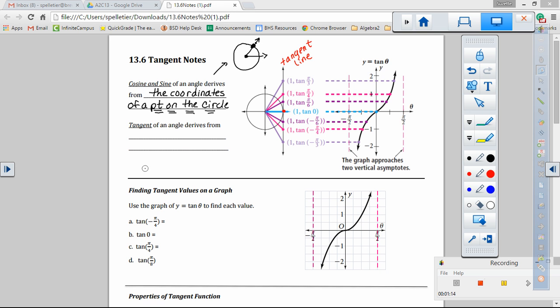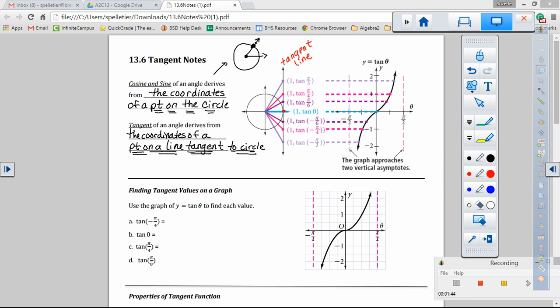Okay? But a tangent of an angle derives from the coordinate of a point on a line tangent to the circle. Point on a line tangent to the circle.